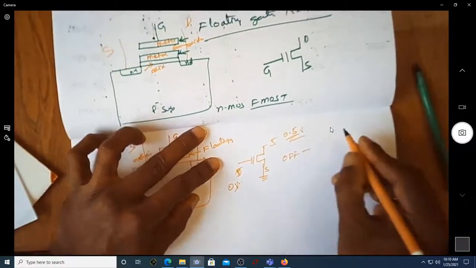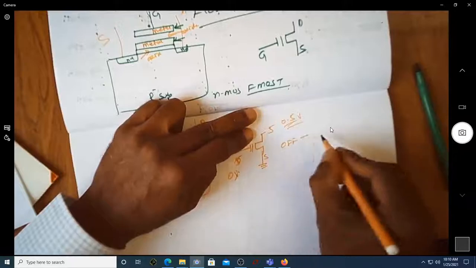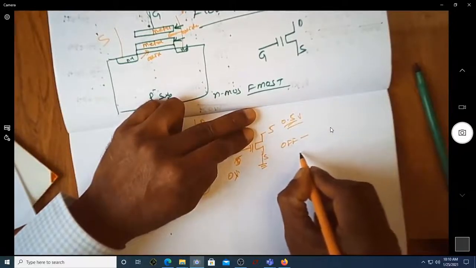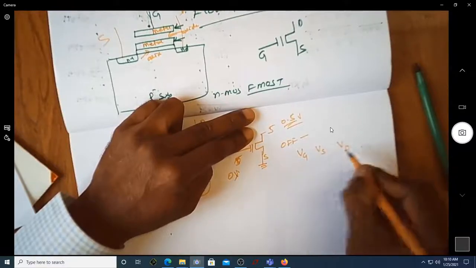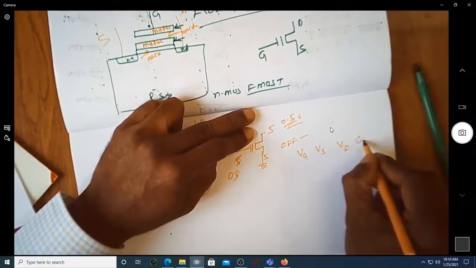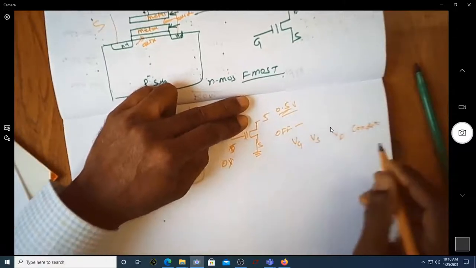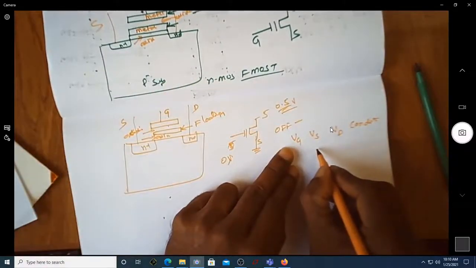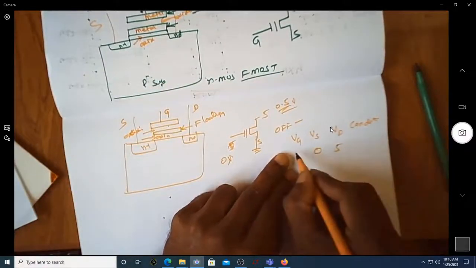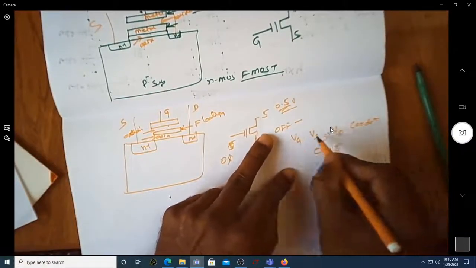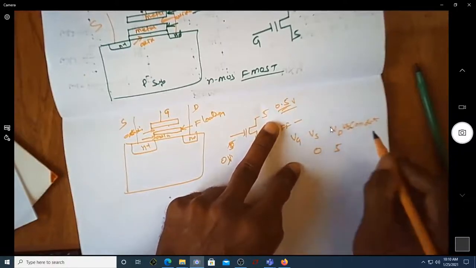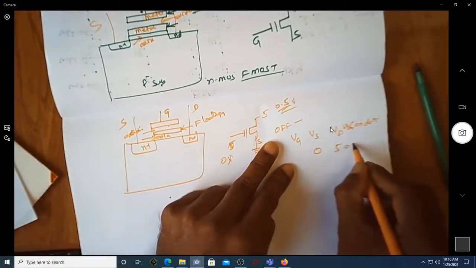Let me write this as VG, VS and VD, and consider the condition. Let me say VS is equal to 0, VD is 5 volt, and VTH is 0.5 volt.